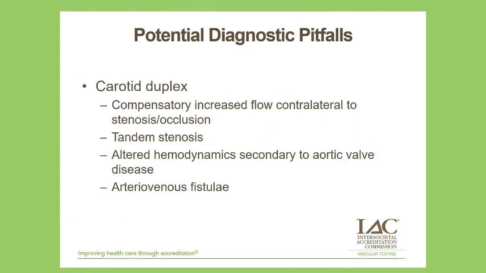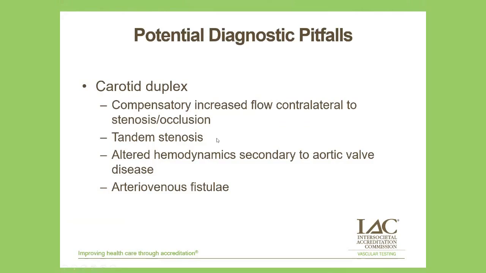So what are the potential diagnostic pitfalls that we can thereby encounter? In carotid testing, there's the well-known case where compensatory increased flow can occur in a vessel contralateral to the site of hemodynamically significant carotid stenosis, resulting in elevated blood flow velocities in an otherwise normal vessel.